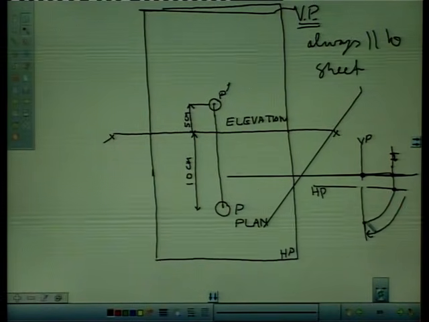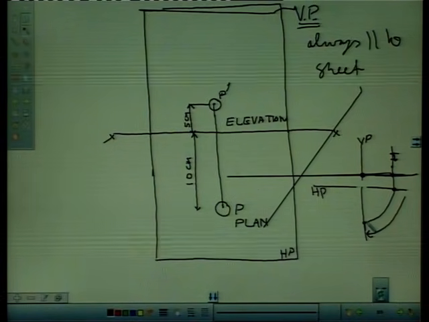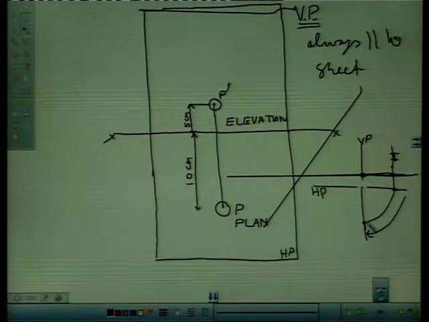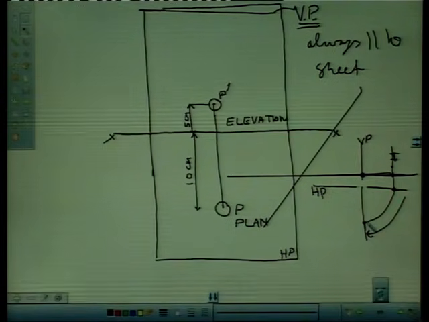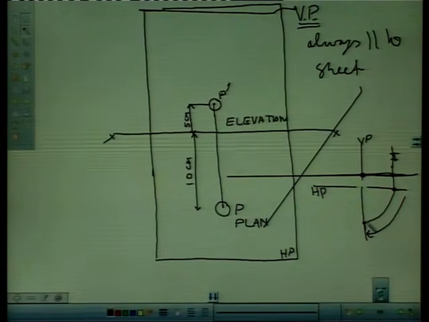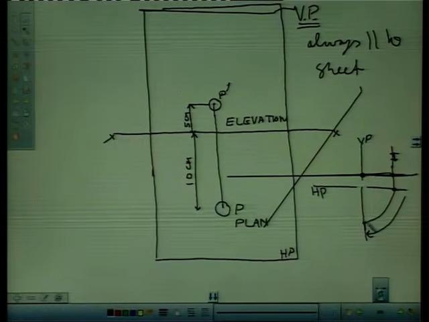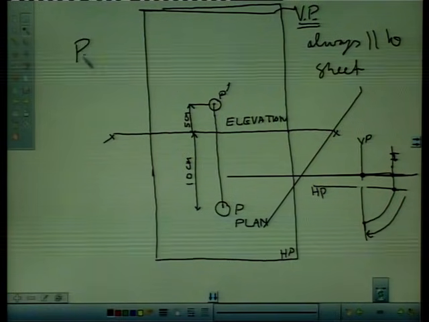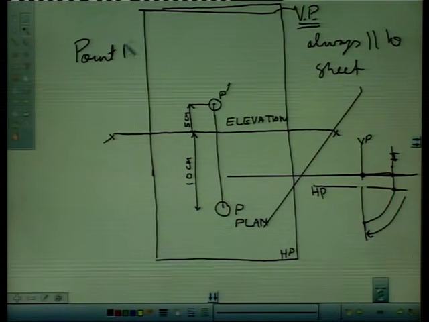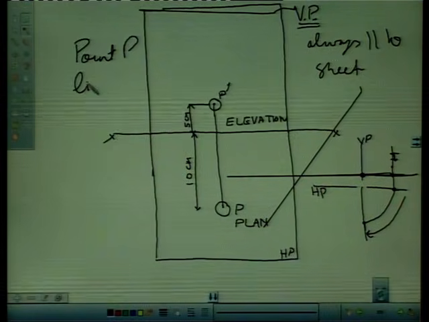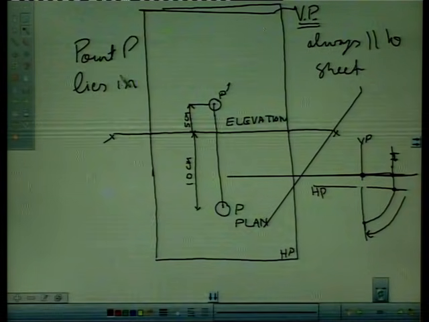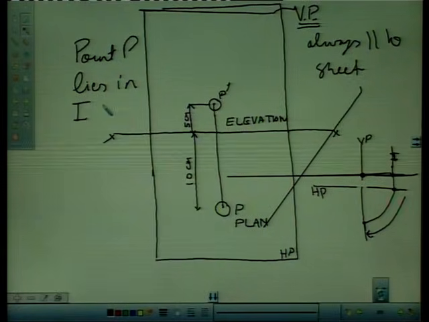This is 5 centimeter above axis line and 10 centimeter below axis line. So, this represents plan of the point, this represents elevation of the point, and you should write: point P lies in first quadrant.